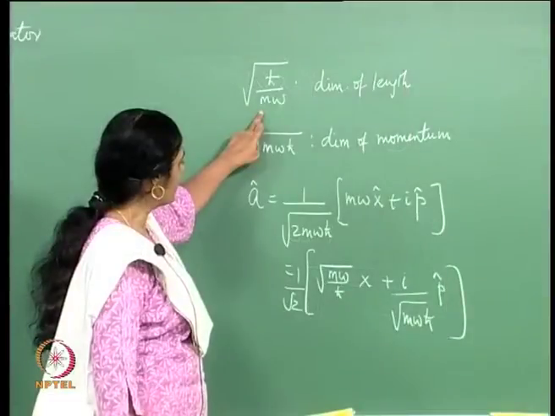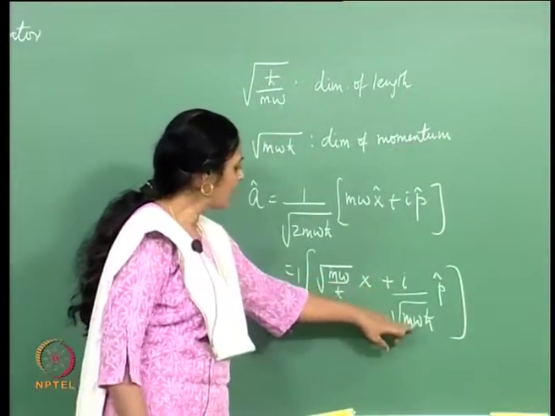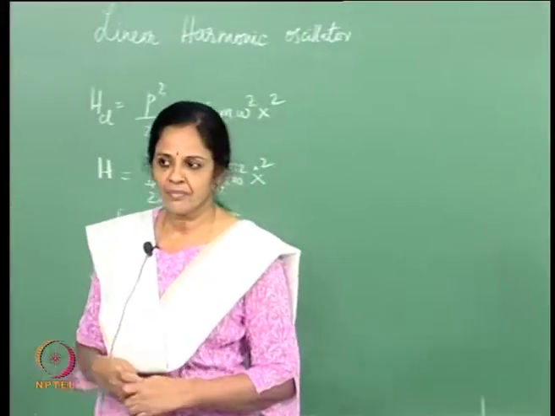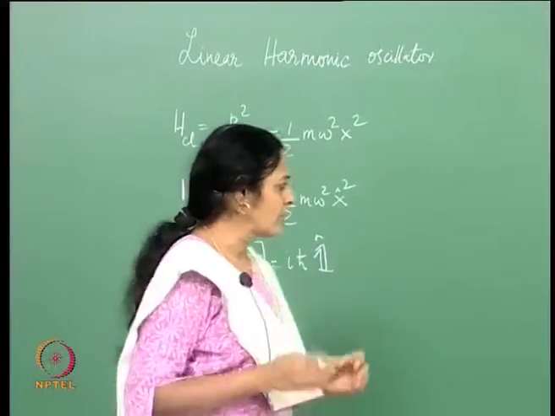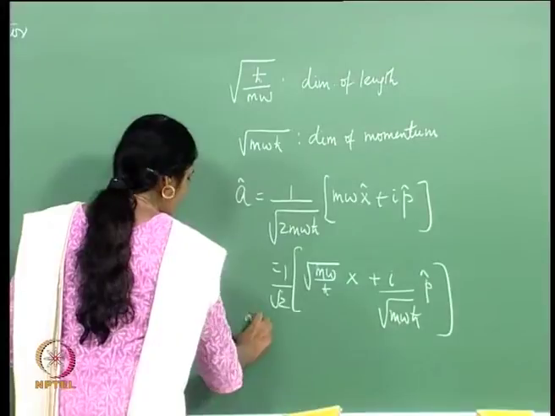Looking at this, it is clear that I have divided out length here and I have divided out momentum there to create this object A, an operator which is dimensionless. A dagger is its Hermitian conjugate.